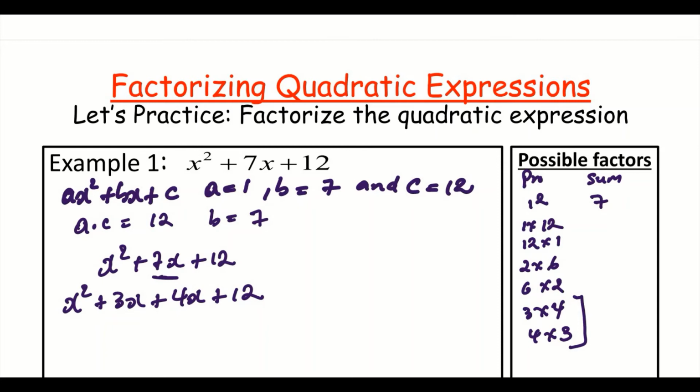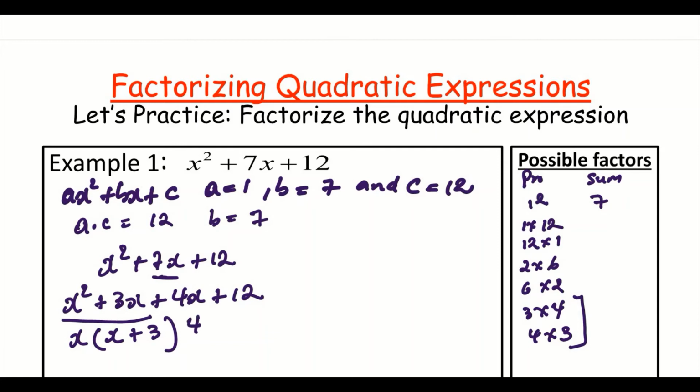And with factorization by grouping, we're going to use what we're also familiar with, which is factorizing using the highest common factor. Let's focus on our first two terms. What's the highest common factor for x squared and 3x? Our highest common factor is x. So, x into x squared goes x times, and x into 3x goes 3 times. What's the highest common factor that can be taken over 4x and 12?